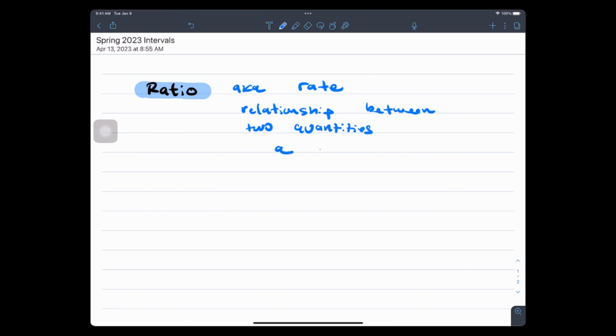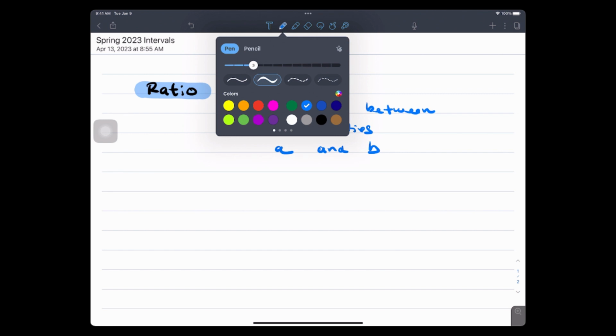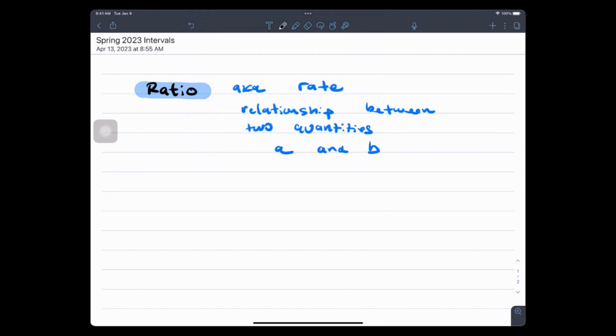A and B. But very often, if you look at a math book, and they call it a ratio, they'll have A colon B. And this is the phrase A to B. Okay?